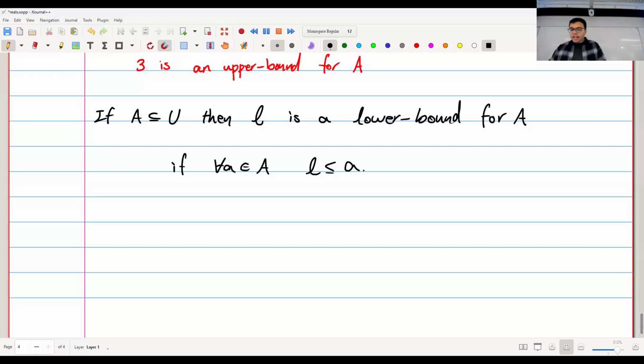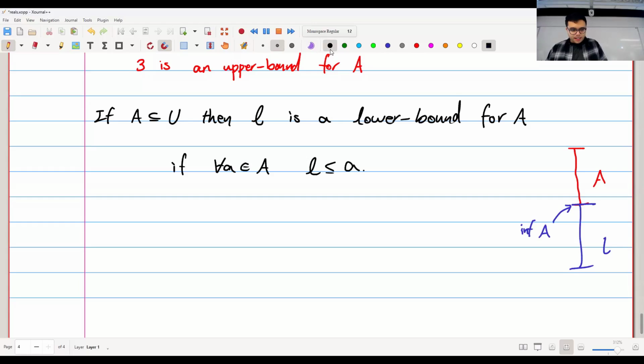Okay. And again, this is the same intuition as before. If I have this set A, I can look at the set of all the lower bounds of A. I can call this L. And I care about the largest lower bound. And that's what I call the infimum of A.